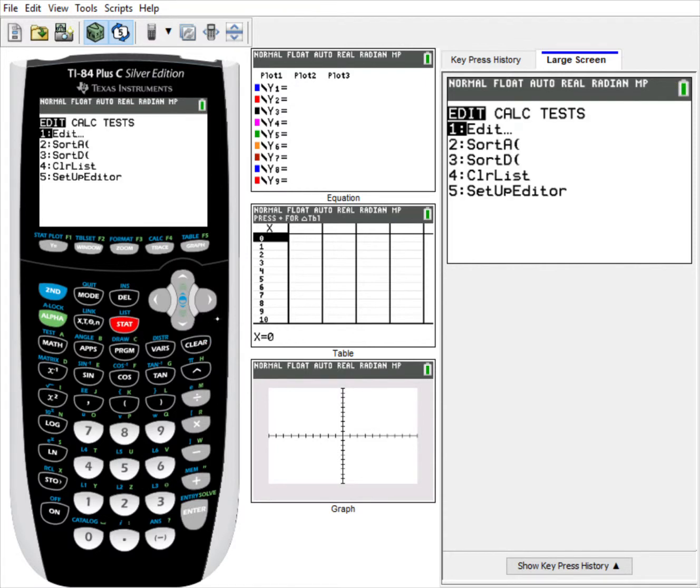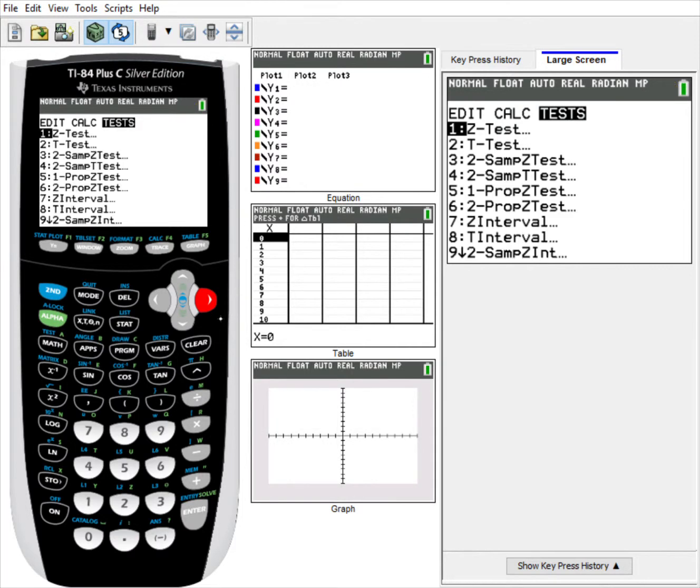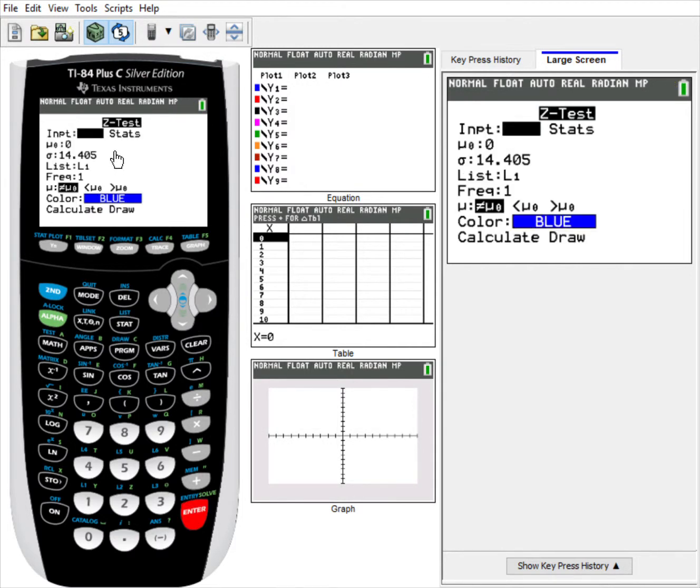Under stats, go over to test, and the z-test is your first test. Data is used in examples where there is a list of numbers that's given to you. All it's going to ask for is where is your list, what is your null hypothesis, and what is the standard deviation of a population that is given to you.